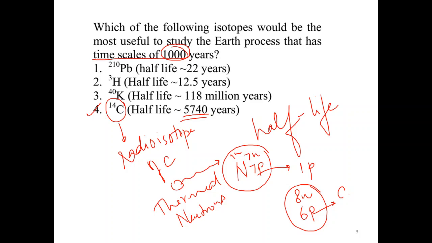Now when it comes to potassium 40, the half-life is 118 million years, which means that a 1,000 year time scale will be very small when we use this K40. So it's also not precise to use K40 for a 1,000 year time scale. As a result, the correct answer would be C14.